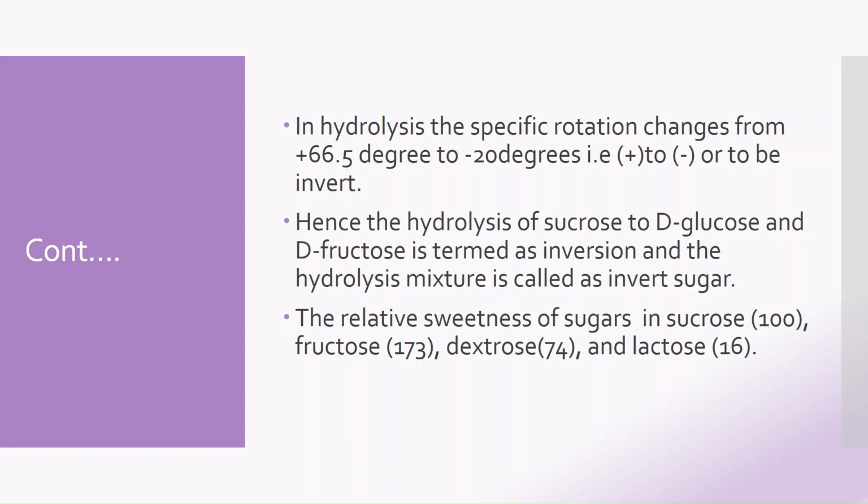But in science we have different categories or types of sugars, and all of them have different quantities of sweetness. That is why sucrose has 100, fructose 173, dextrose 74, and lactose 16.